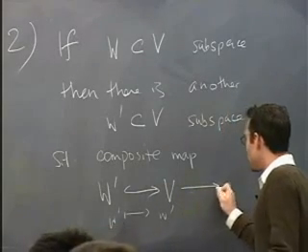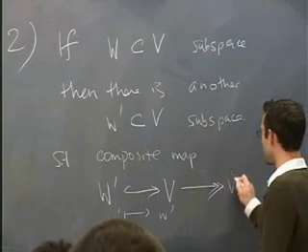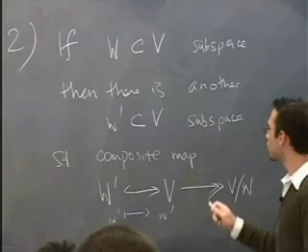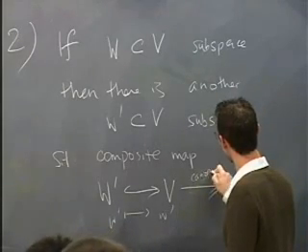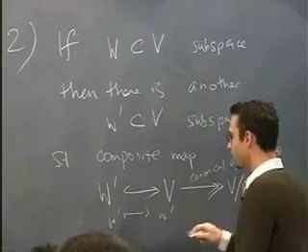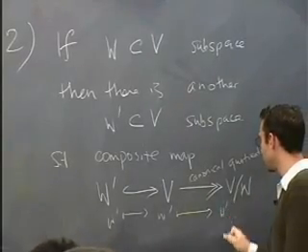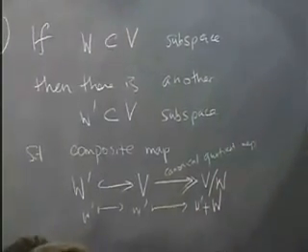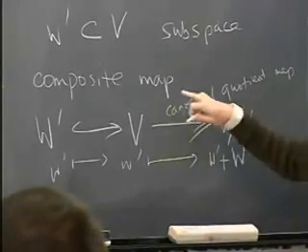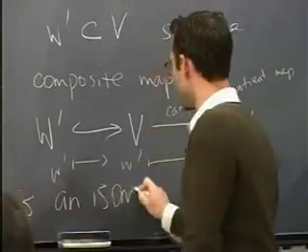And recall also that there is a canonical map, and it's a surjection, the canonical quotient map, which takes this W prime and maps it to the coset of W prime, the W coset of W prime, such that this composite map is an isomorphism.